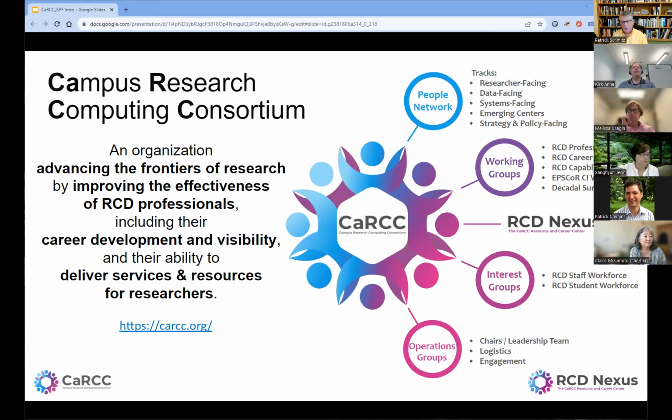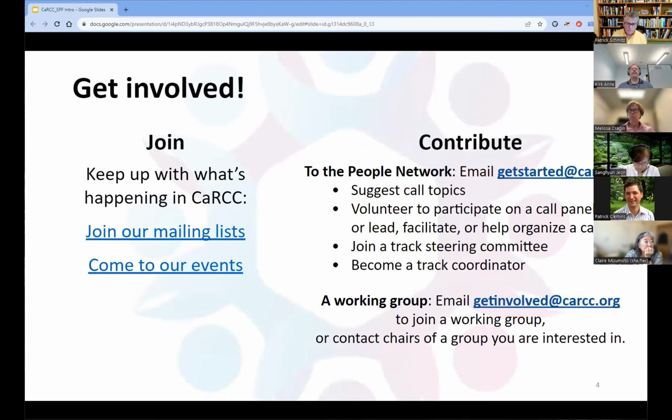Sometimes those spawn working groups, sometimes they just continue a discussion. And there, again, if you've got an idea for one, you're welcome to get that started. There's a couple of really active ones going on right now that are actually spawning out work groups and other activities to produce resources. And then, of course, there's some operations groups that support the work that we do overall.